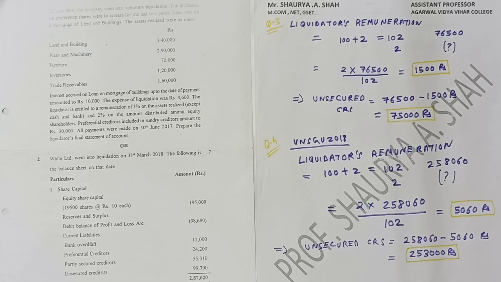Just go through the sum once again, students. Be very much clear with each sum which we are doing. All the university sums we are practicing, so that you can be very much clear with the paper itself.